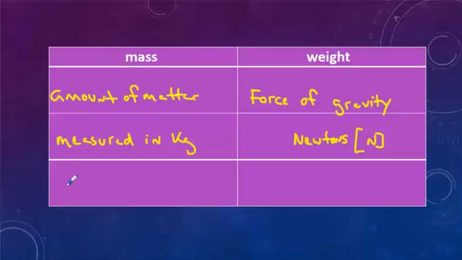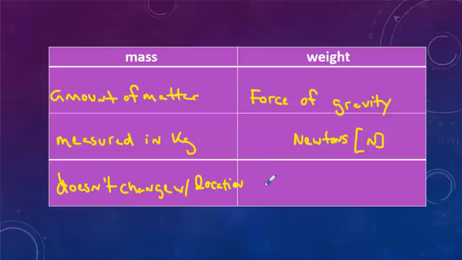Mass doesn't change with location. In other words, the amount of matter that you have doesn't change no matter where you go in the universe. So it doesn't change with location. Whereas weight depends upon the gravitational field strength.